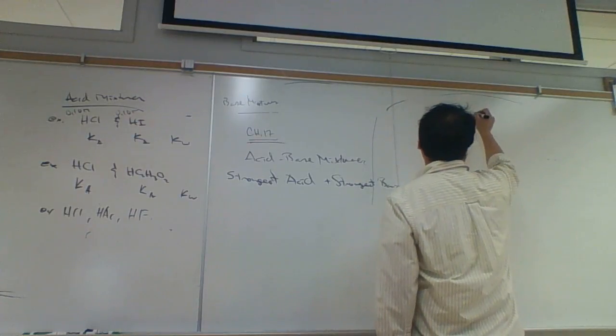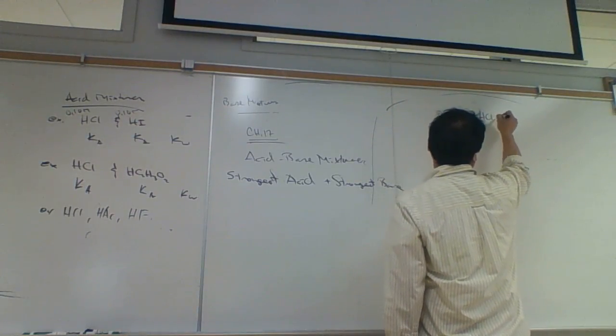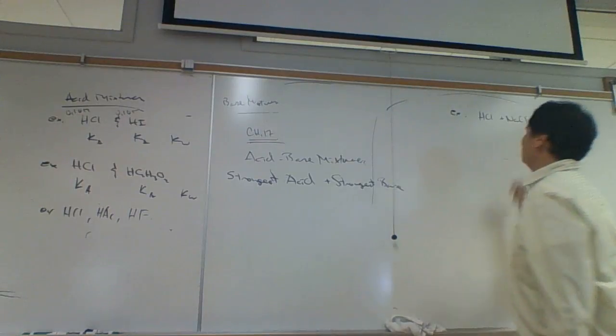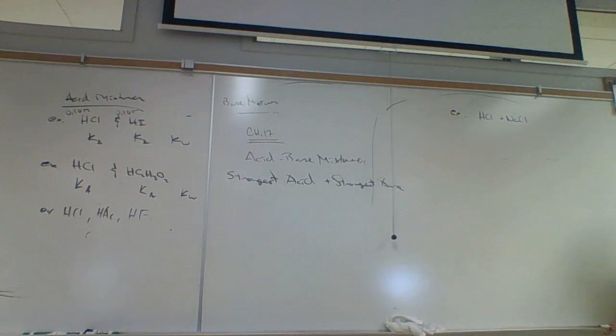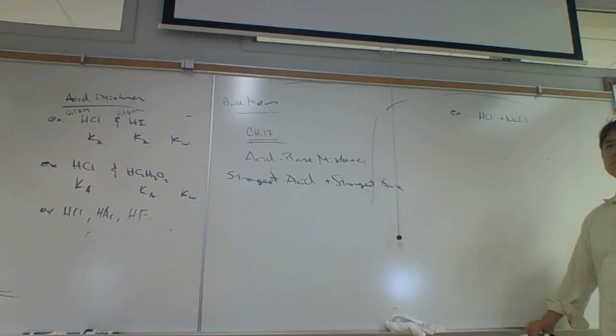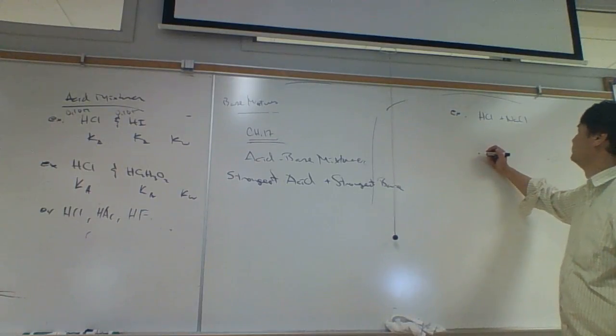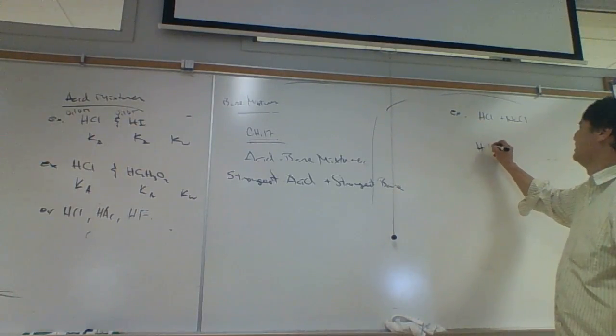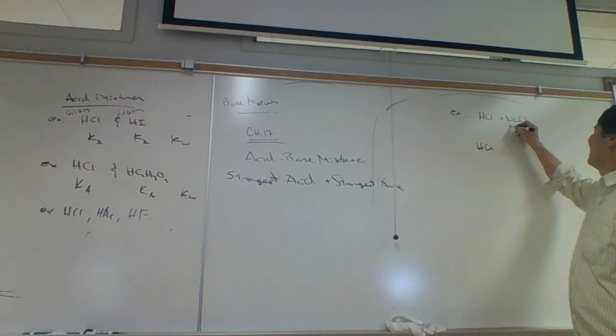So an example here might be, let's say, HCl and sodium chloride. If I have HCl and sodium chloride, what do I do with this mixture? Well, with this mixture, I'm going to just take the strongest acid present. What's the strongest acid? HCl. And then take it and react it with the strongest base.